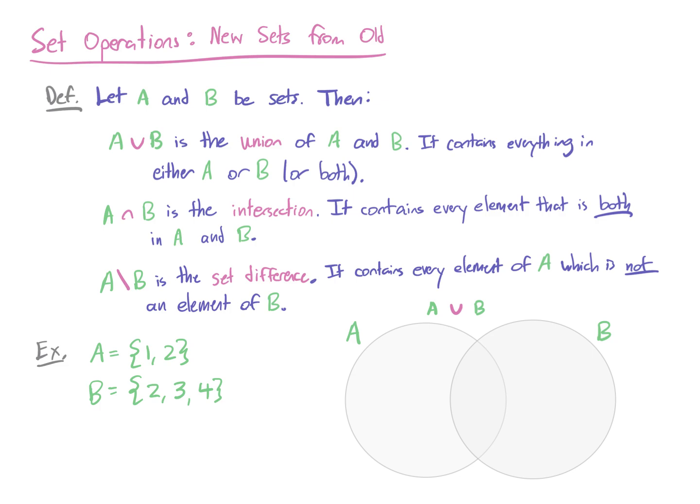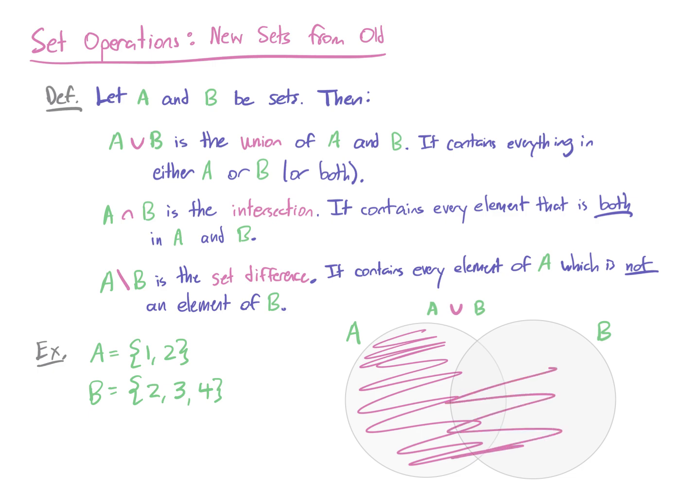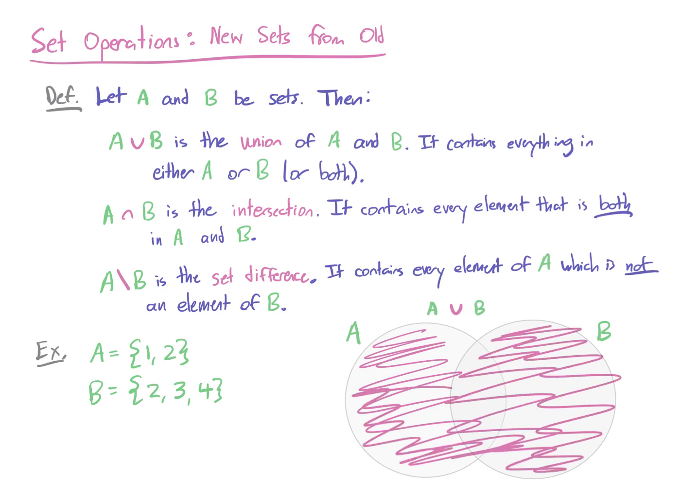In the context of a Venn diagram, that's just everything that's shaded. Everything that's shaded is in the union here. It's in either A or B or both. Remember that for the union, I don't have to be in both A and B. Either of them is enough, and that's why both circles and their overlap get shaded.